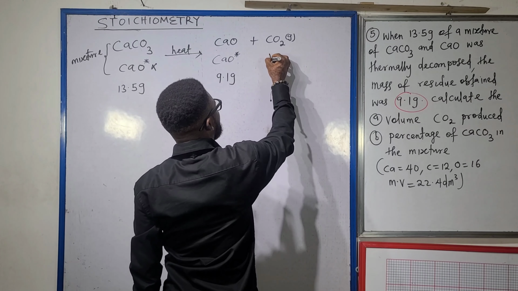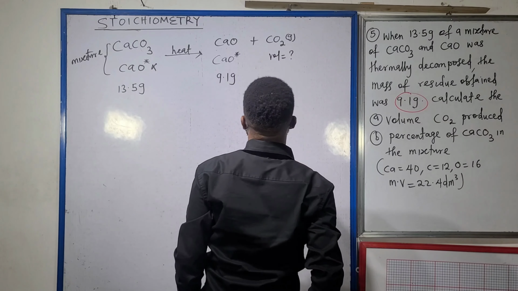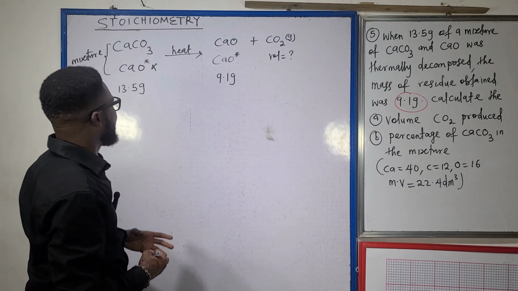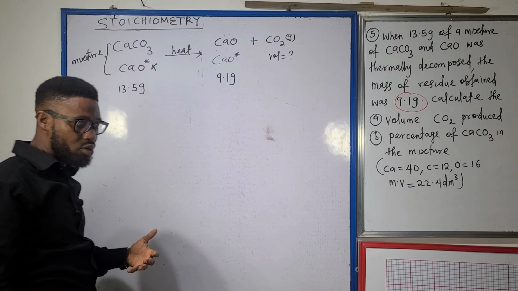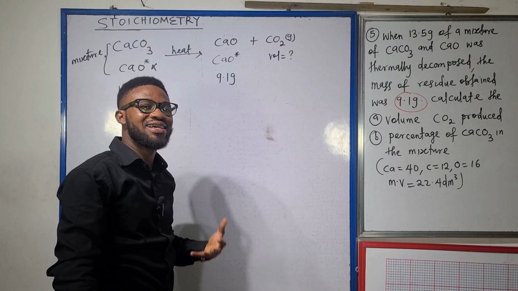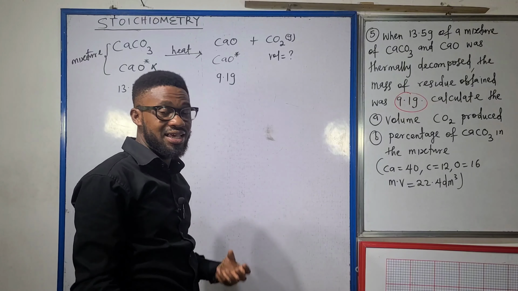So I was told to calculate the volume of CO2 produced. Now, looking at this, I said in the last question that anything that does not take part in a balanced chemical reaction, you cannot use that in stoichiometry.